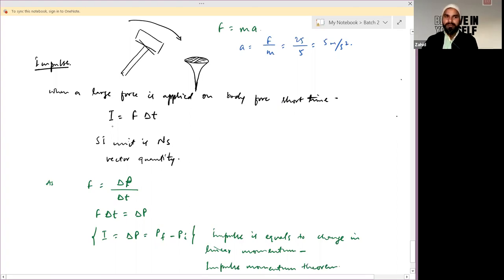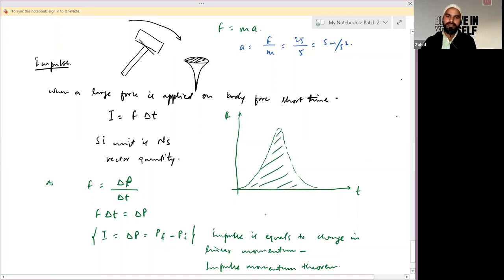Now, in this above part, we have impulse equals force into time. So if you draw a curve related to force and time, for a large force acting on a body for a short time, the area under the graph will define the impulse.